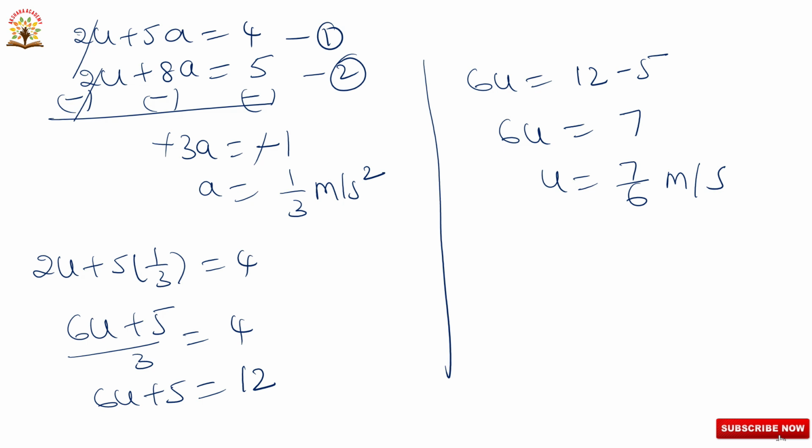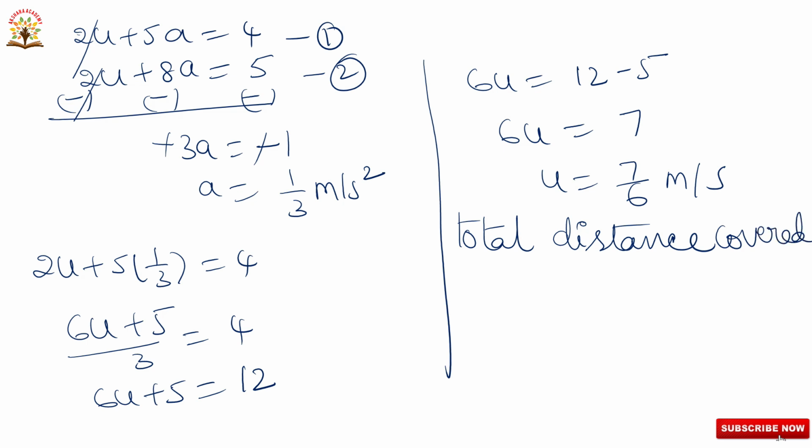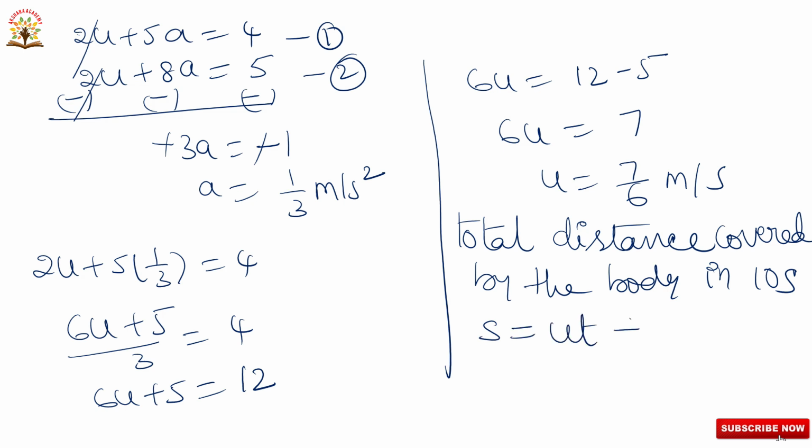Now we are calculating the total distance covered by the body in 10 seconds. So S is equal to ut plus half at square.